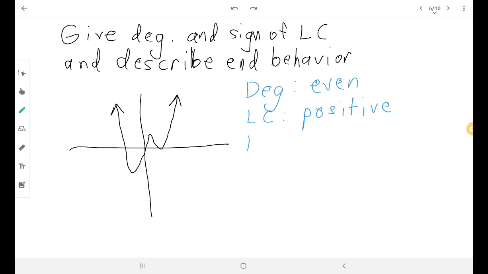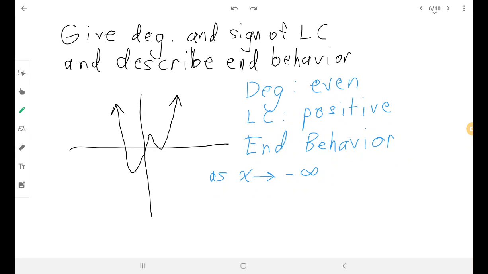Then we got to talk about the end behavior. And this is important because there is specific notation for it. And here's the notation. As x goes to negative infinity, that is, as you keep looking farther and farther to the left, okay?